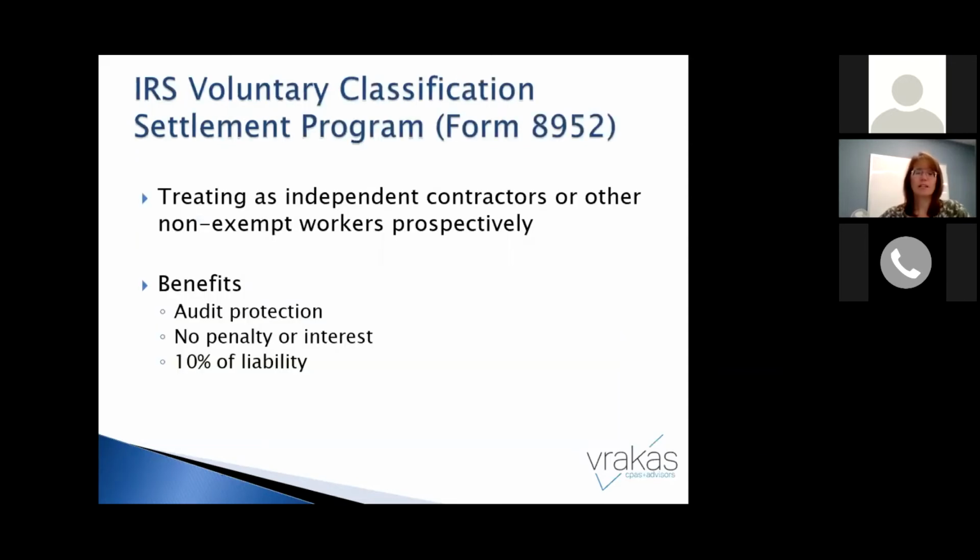There is some classification that came out a few years ago, whereas if you were treating somebody as an independent contractor and you needed to treat them as an employee, you could then go back and change that going forward. The IRS has set up some rules where you would then apply for forgiveness, if you would. They wouldn't penalize you. You would just pay 10% of the liability for the last 3 years, and you would then switch them to employees moving forward.